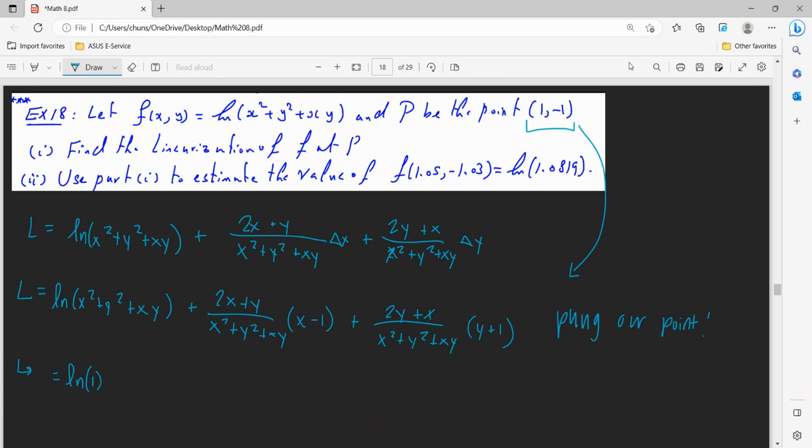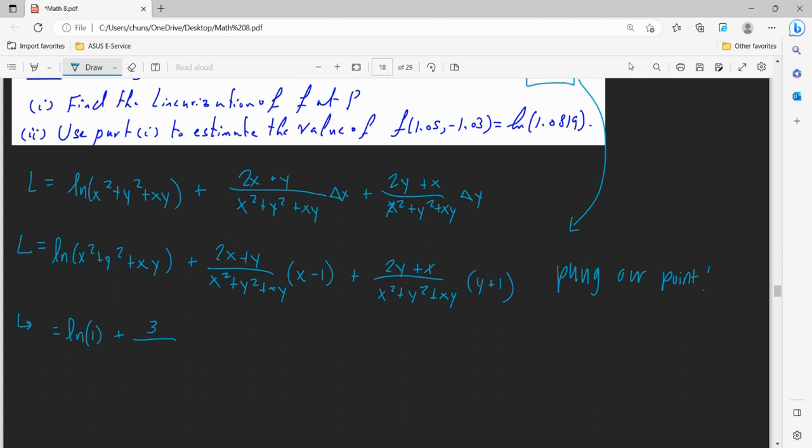So ln of 1 plus, we have 2 plus 1, so that's 3 over x squared plus y squared, and this is x minus 1, and this is plus 2y plus x, so this is -2 plus 1, so it's -1.